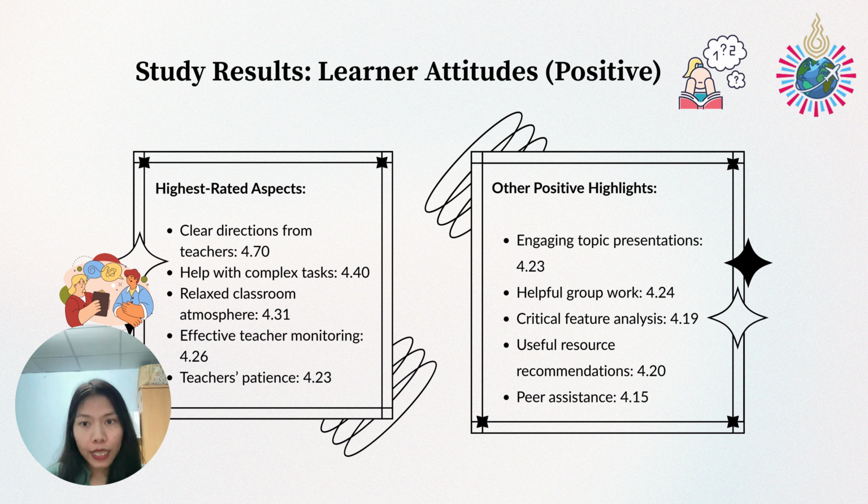For example, students especially valued when a teacher gave clear direction, and when the teacher gave support with complex tasks, and also when the classroom atmosphere was relaxed and supportive. The students also gave a higher rating, 4.7 out of 5, to the teacher who explained very clearly what was expected.